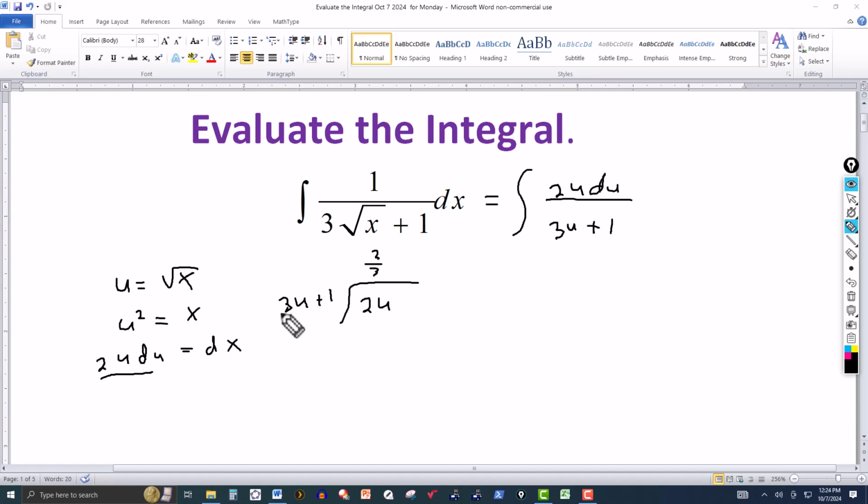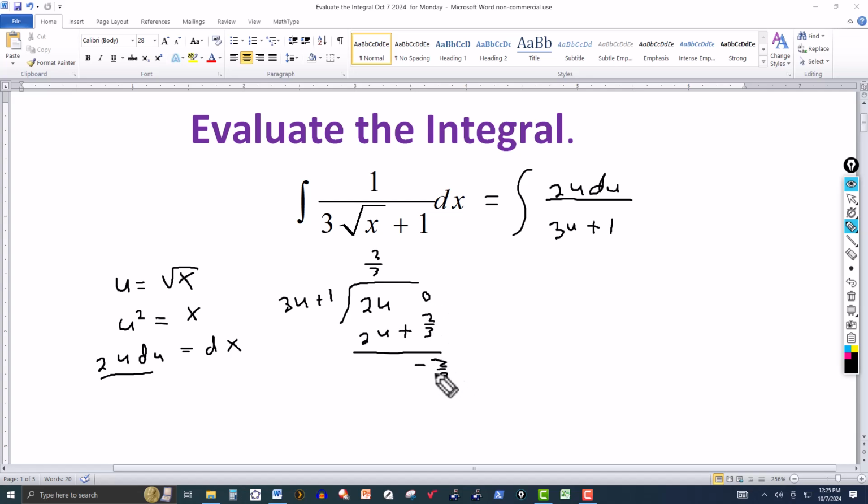Then I multiply the divisor by 2/3. So 2/3 times 3u will give me 2u, and 2/3 times 1 is 2/3. And then we subtract here. 2u minus 2u cancels, and here's 0. 0 minus 2/3 is a minus 2/3.